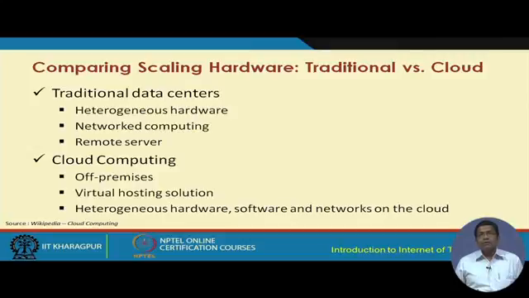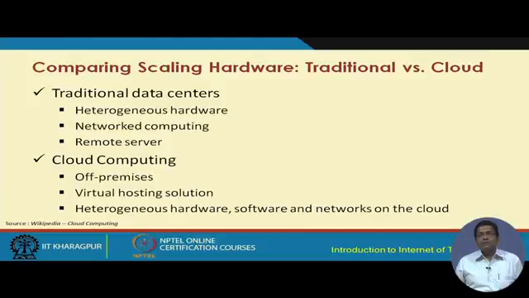Typically, through this remote networked environment, these heterogeneous hardware would get access to a server, and that used to be the traditional way of getting access to different computing resources.